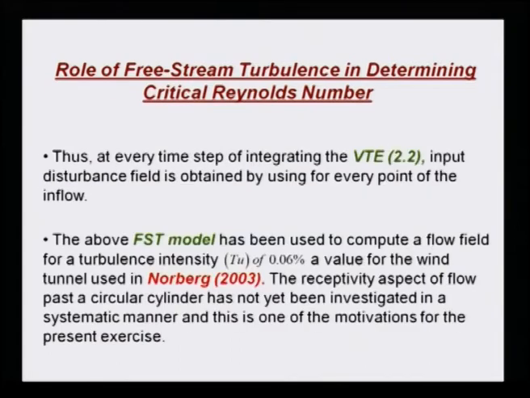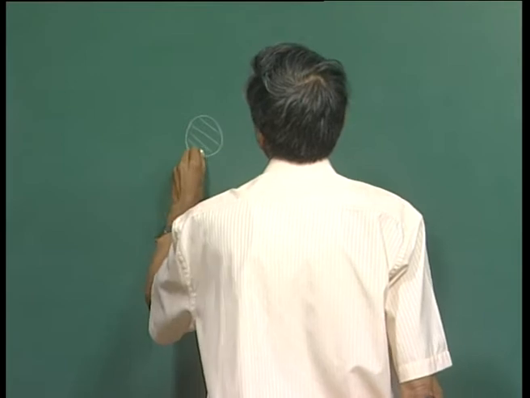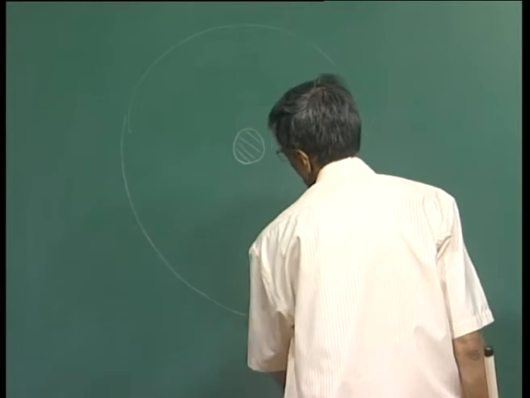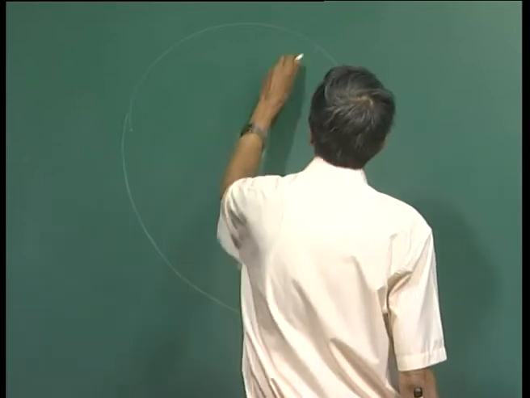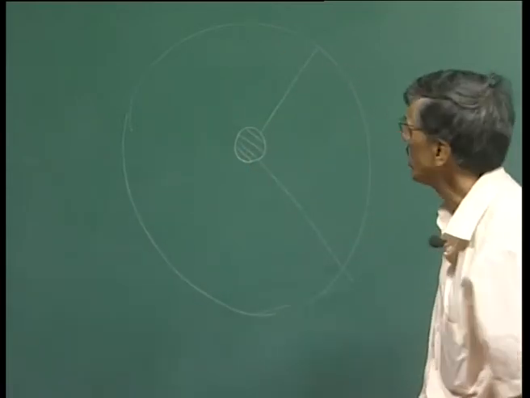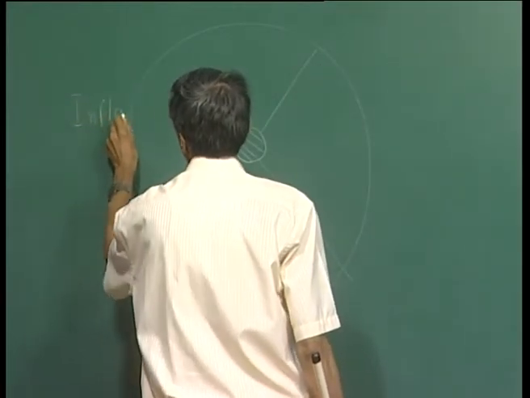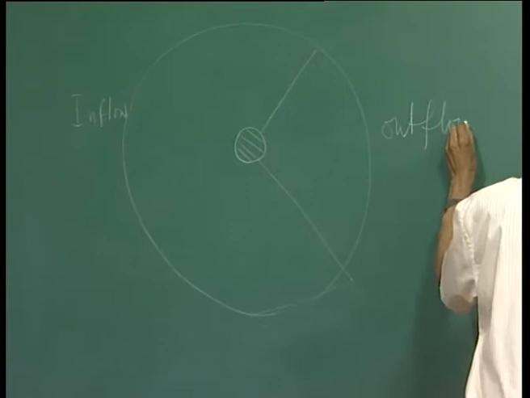So, in a sense, what we are doing is the following. If I have a cylinder, this is what we compute in a large domain like this, and then what we do is we identify a region which we call the inflow, and this is what we call the outflow.